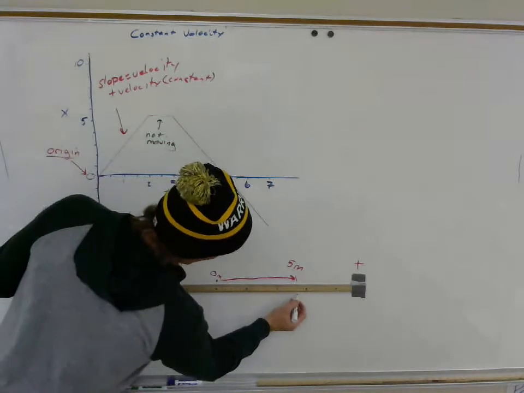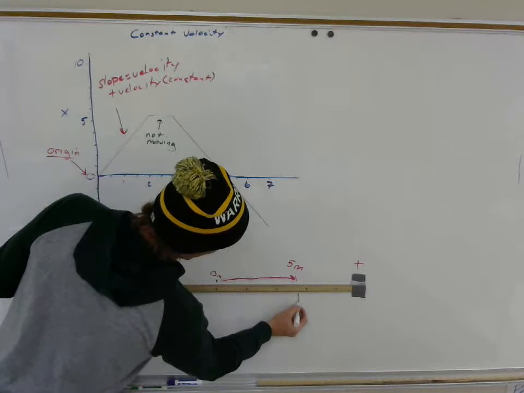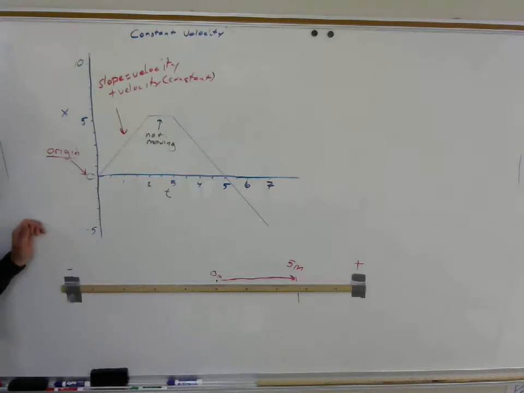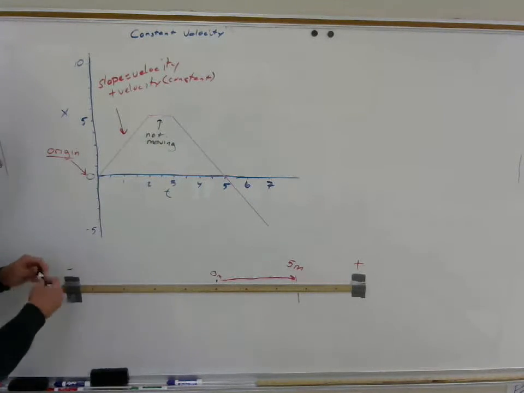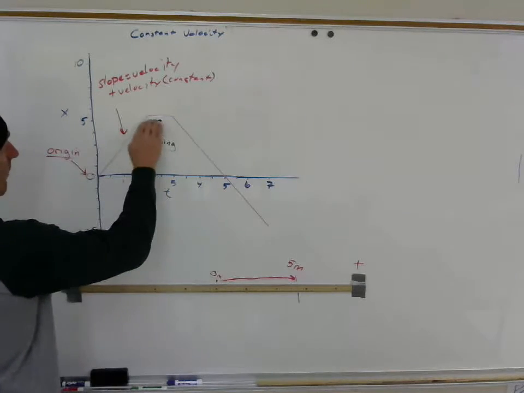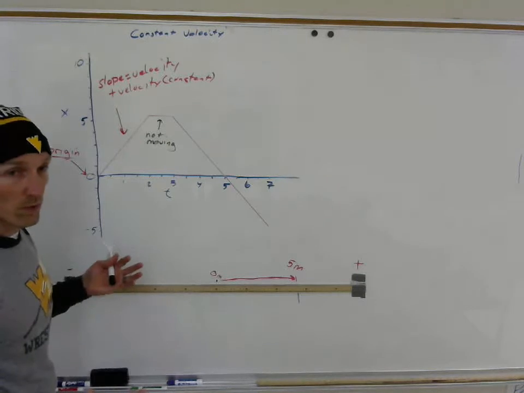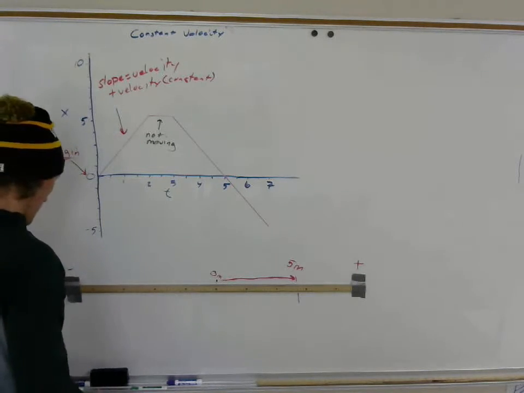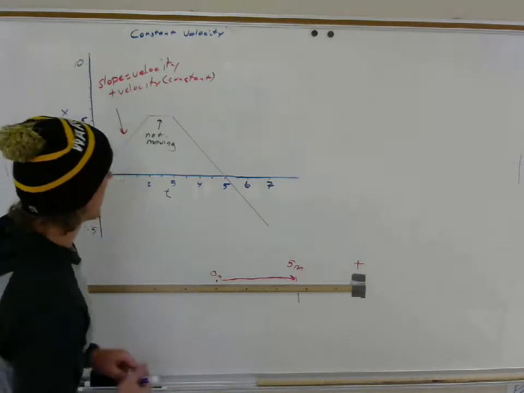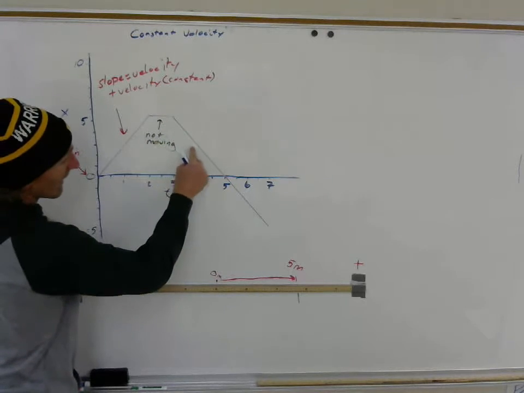I've essentially stayed right here as time went by. A flat line on an XT graph, a horizontal line, the slope of that is 0 because there's 0 velocity. It's not moving.